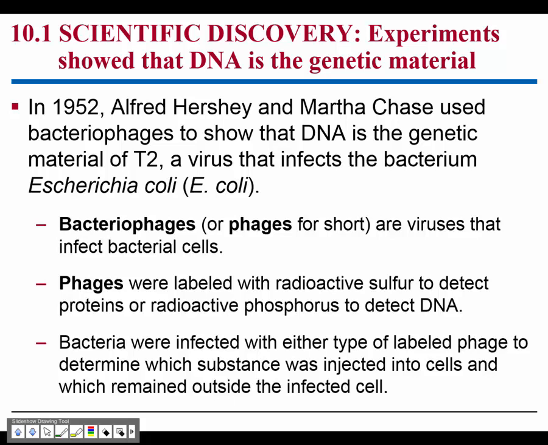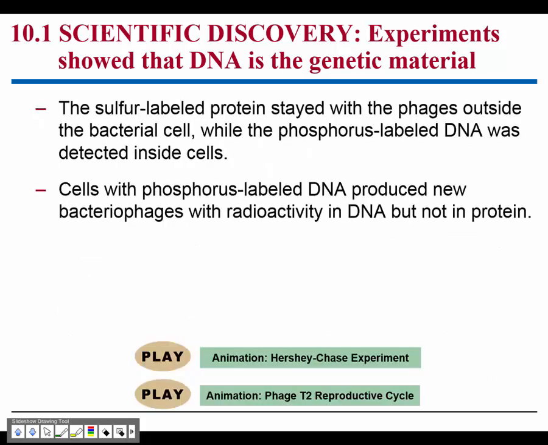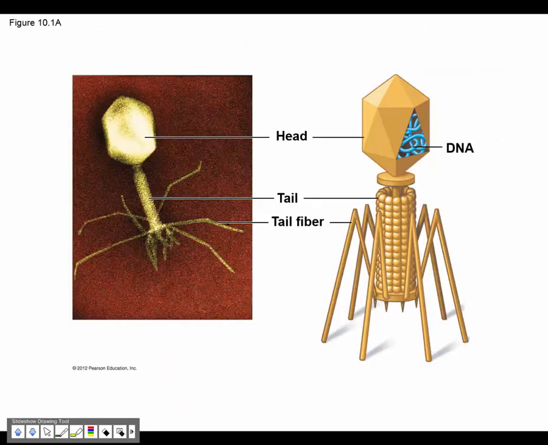The bacteria were infected with either type of labeled phage, and they tried to determine where that radioactive material went and what happened to it. What they found was that the sulfur-labeled proteins stayed with the phages outside, but the DNA went inside, and then that got transferred. It was a pretty neat experiment.